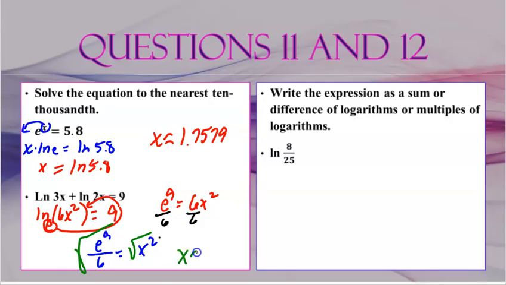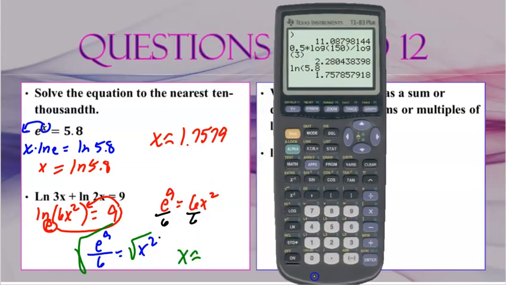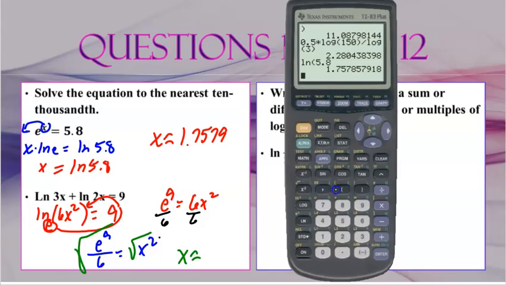So x is going to be about, and on my calculator, I'll show you how you can do this all in one step. I hit second x squared for the square root, and we're going to do second natural log for base e raised to the 9th, end parentheses, and then I'm going to divide that by 6, end parentheses.